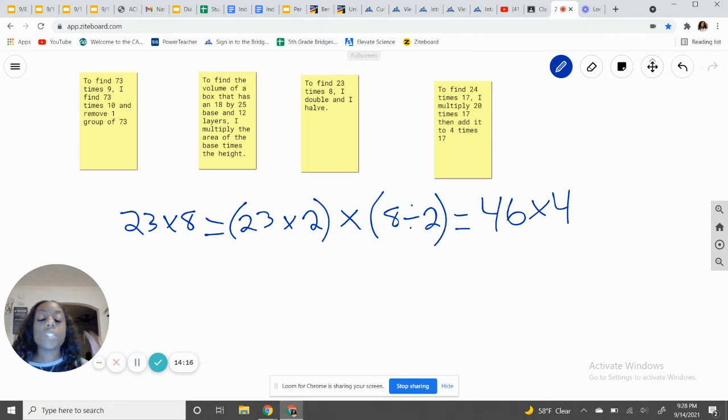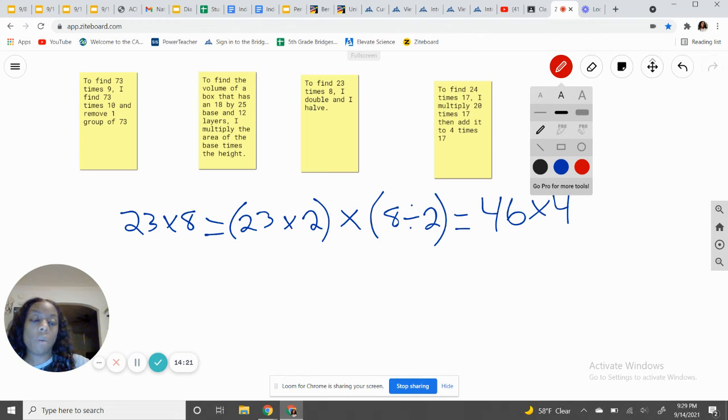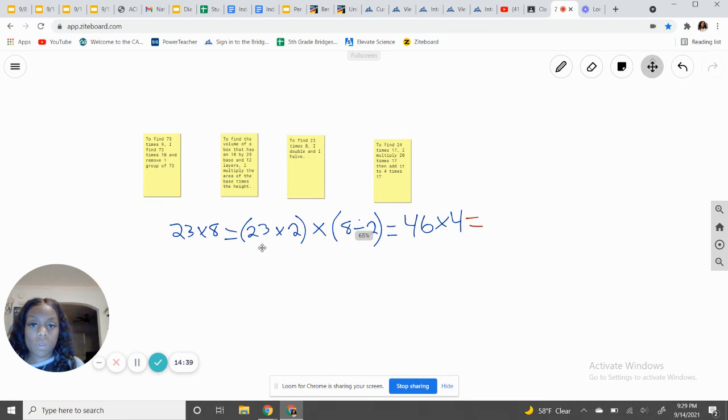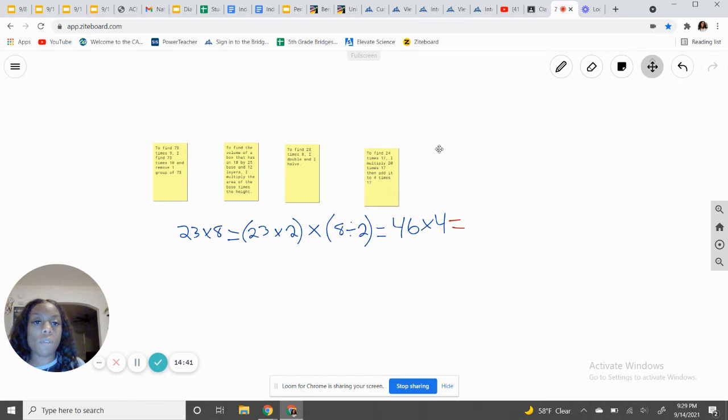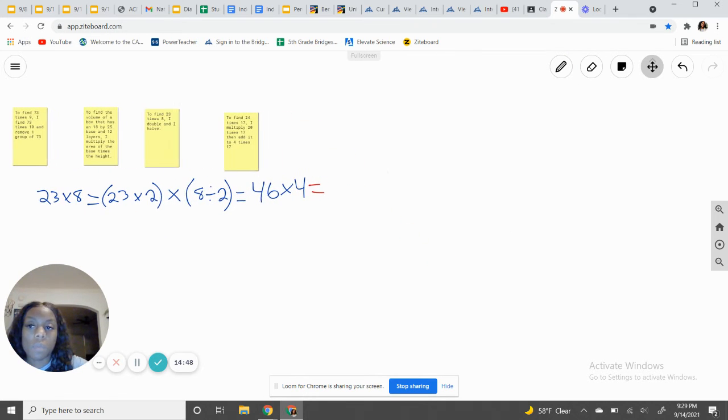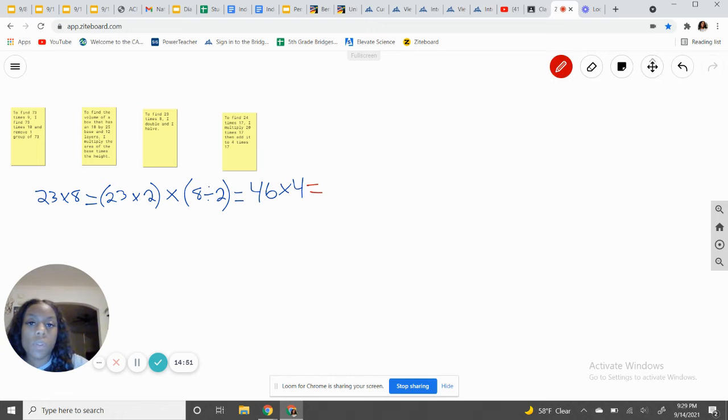Now we are going to double and halve again. Okay, let me get this in red. We're doubling and halving again. So we got 46 times 4. What is double of 46? So here, you guys, we're going to have an equal sign here. What is double of 46 at this point? We are going to work that out.